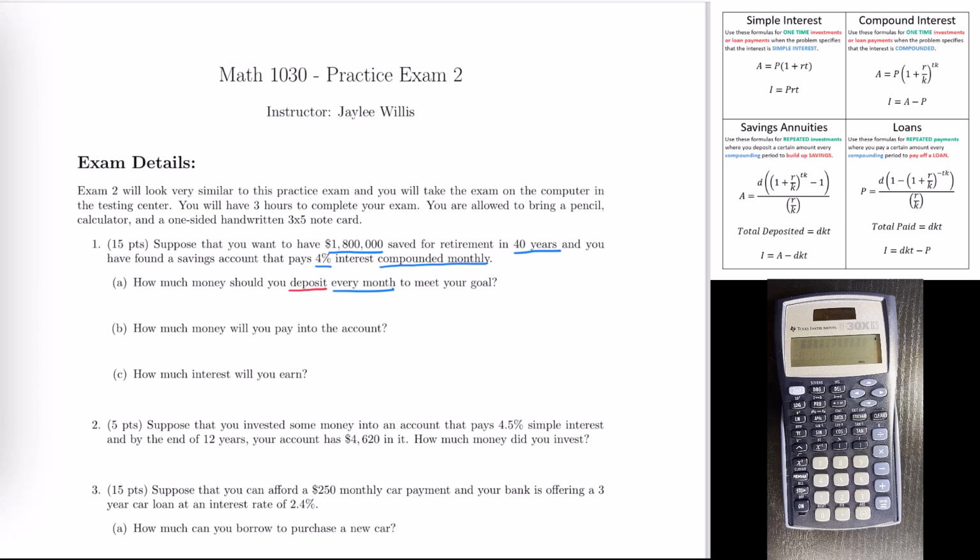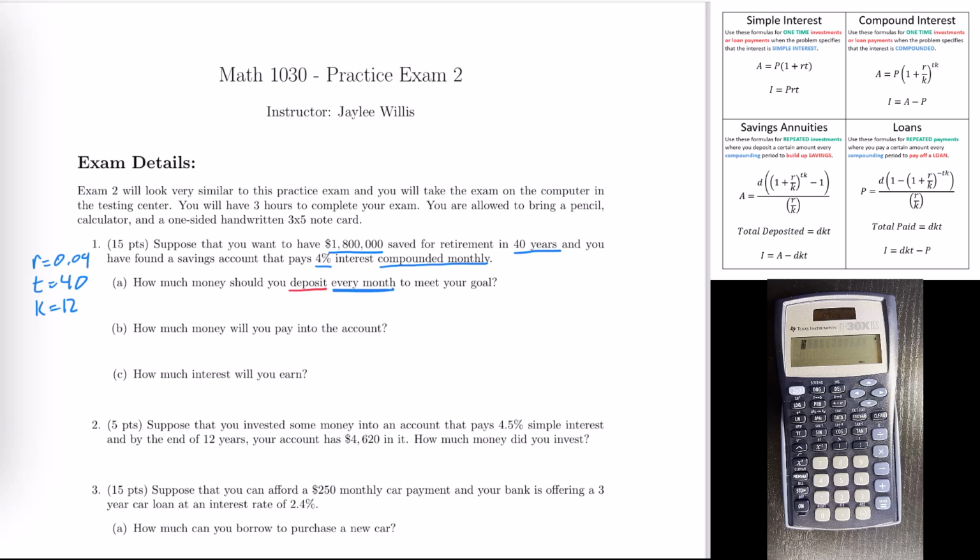The easy variables to identify are that the interest rate is 0.04, the time is 40 years, and the fact that the interest is compounded monthly tells me that K equals 12. And also the fact that I was asked for my monthly deposit also tells me that K is 12. So that information was a little bit redundant in the way that the problem was worded, but sometimes that happens.